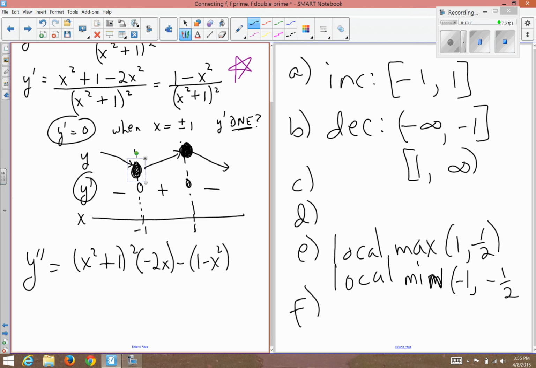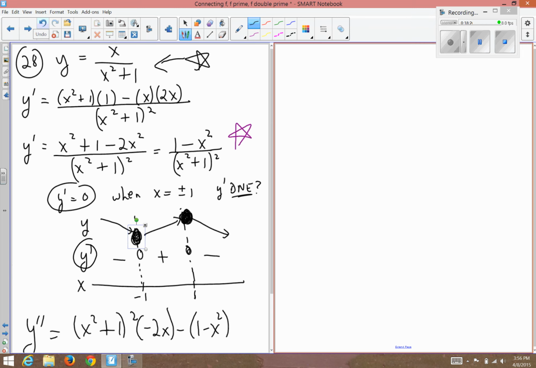Now for the derivative of the denominator, I need more space. So I'm going to write it smaller. The denominator times the derivative of the numerator minus the numerator.